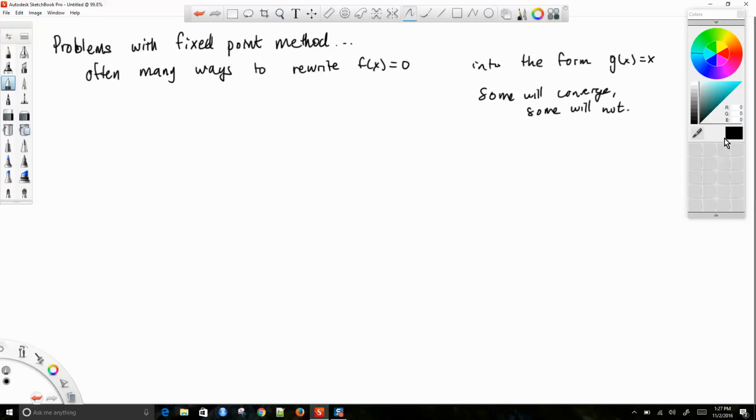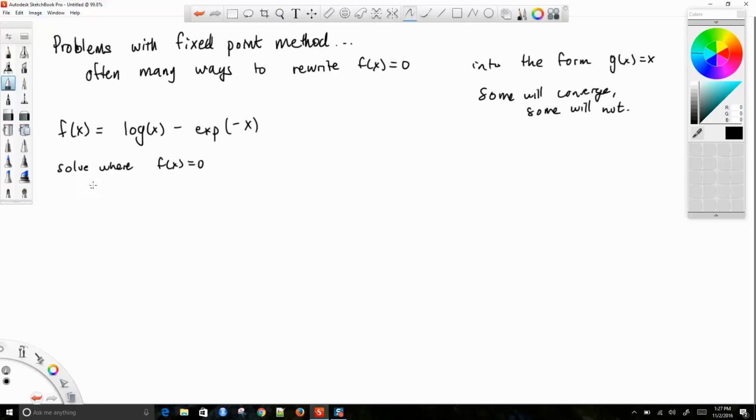Okay? So we'll take a look at an example that the book provides. Let's say our f of x is log x, natural log of x, minus e to the negative x. We want to solve where f of x is equal to 0.